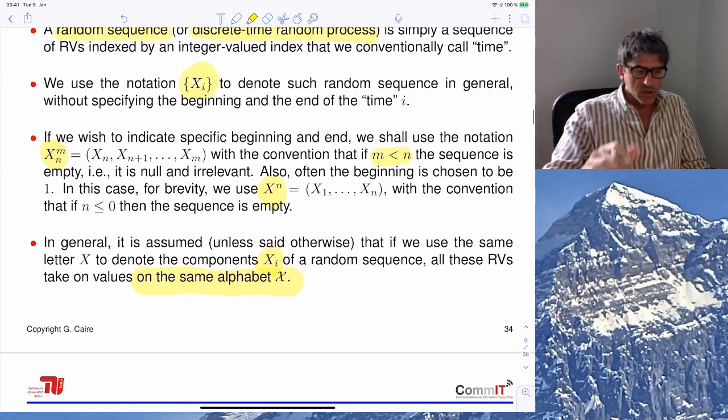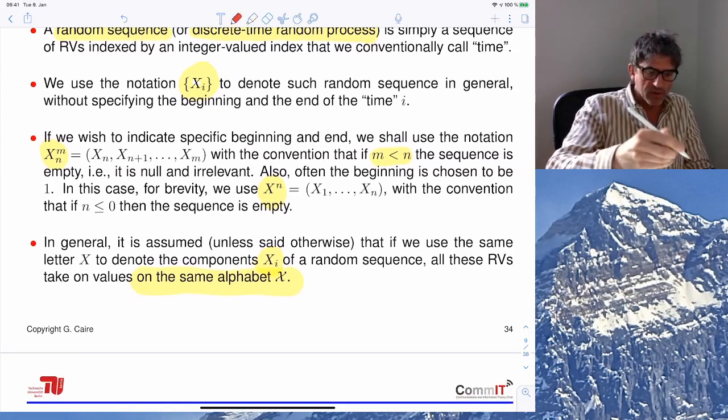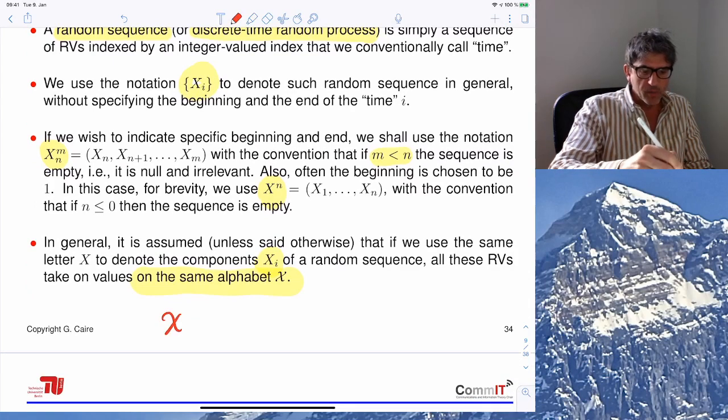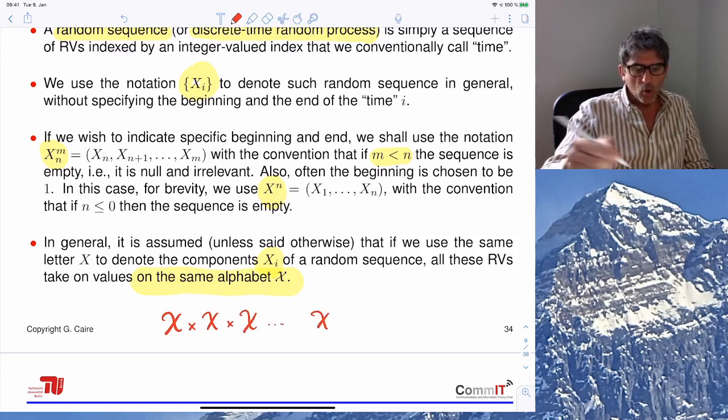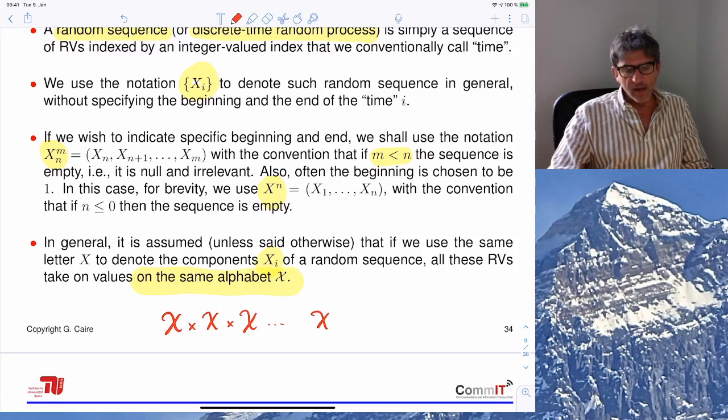So in other words, a realization of these random variables is an element in the Cartesian product X times X times X. Those are all the vectors of length n with elements in the alphabet X. How many are they?